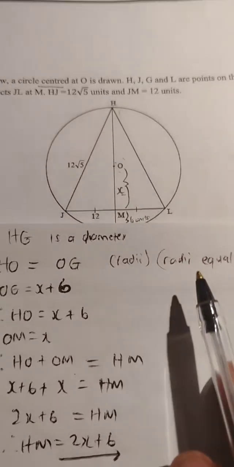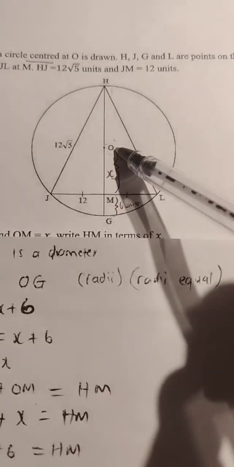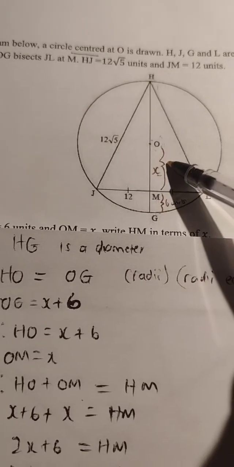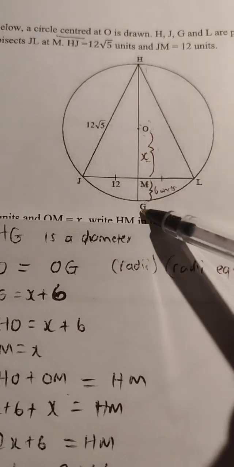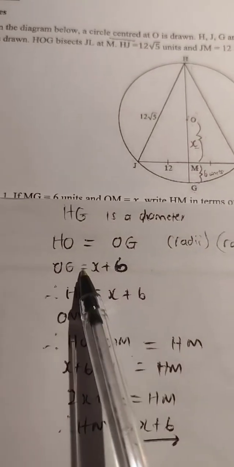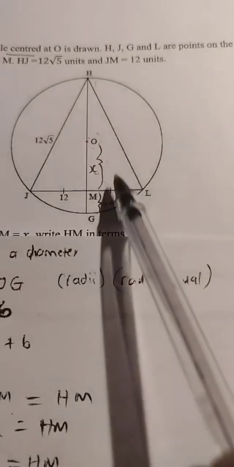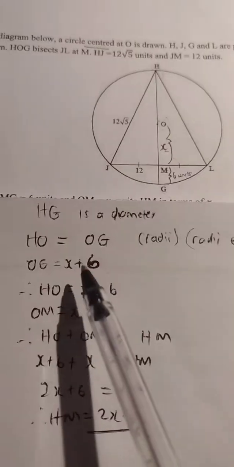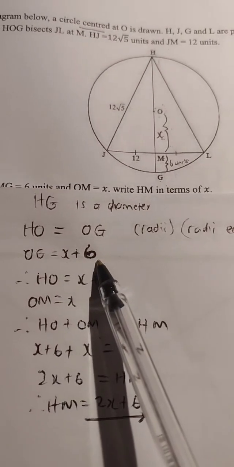Then, to determine OG, we can find OG because OG is going to be this OM plus this MG. What's OM? OM is X. What is MG? It is 6. So that means OG is X plus 6.